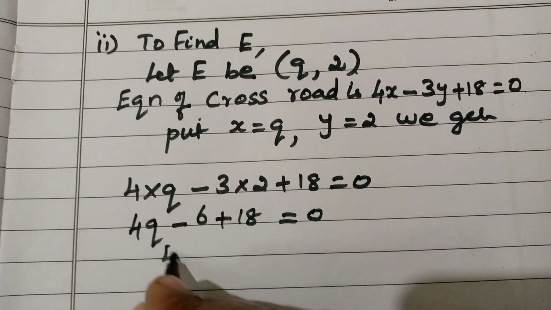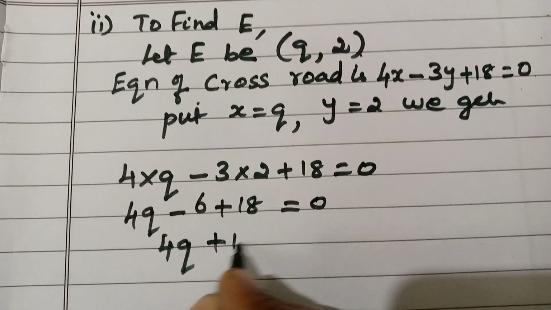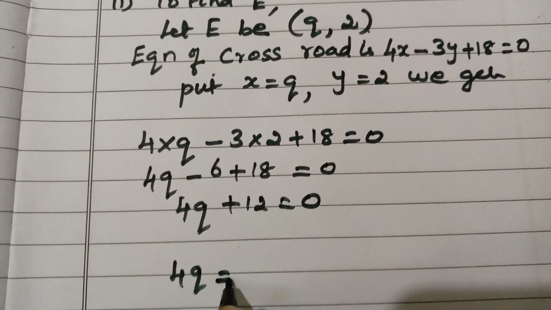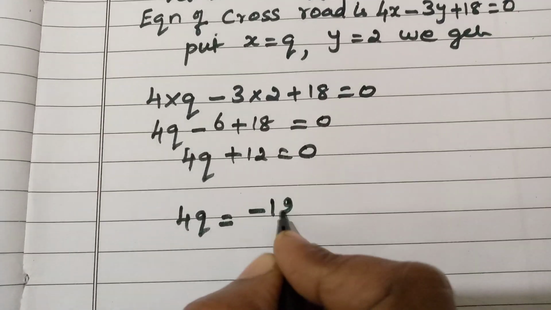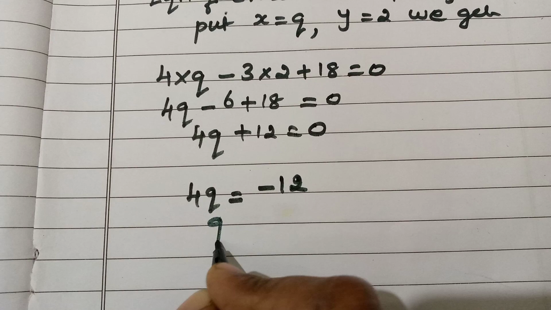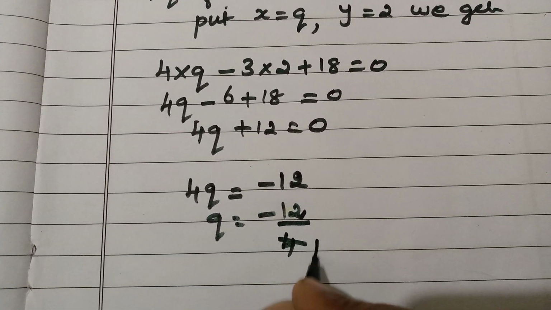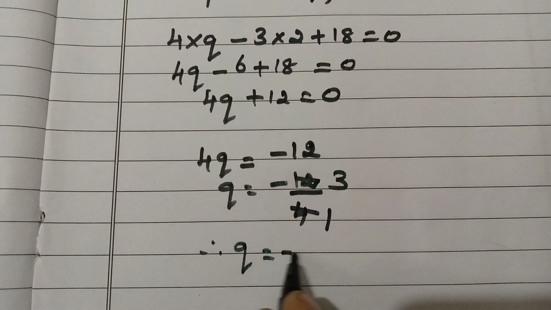That is 4q plus 12 equal to 0. From here 4q is equal to minus 12. So q is equal to minus 12 divided by 4. Simplify, we get 3. Therefore q is equal to minus 3.